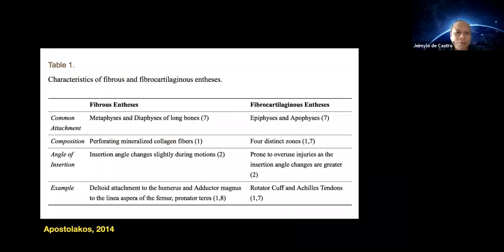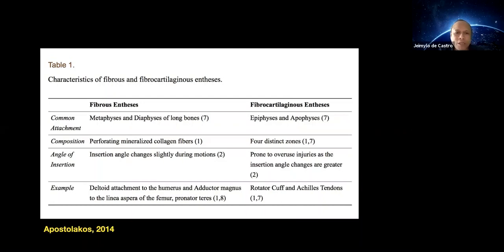The composition of fibrous is that it perforates in mineralized collagen fibers, and the fibrocartilaginous has 4 distinct zones. The angle of insertion usually changes during slight motions in fibrous, but in fibrocartilaginous, it is prone to overuse injuries as the insertion angle changes are greater.